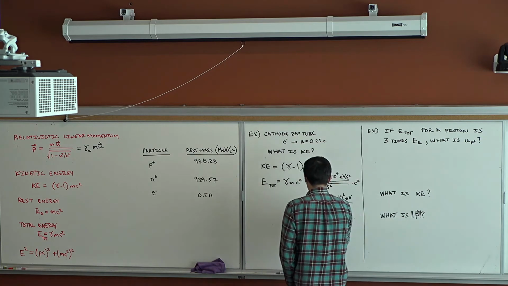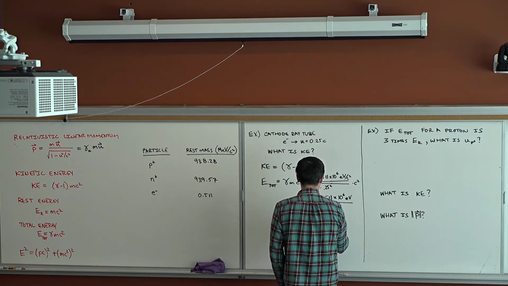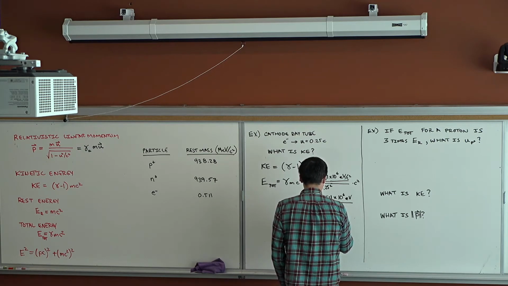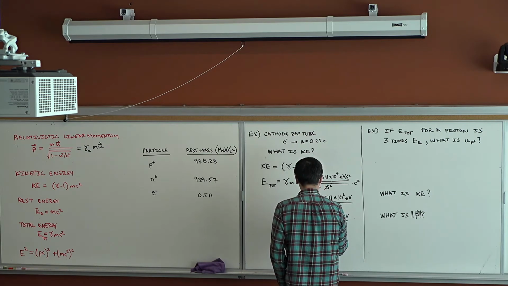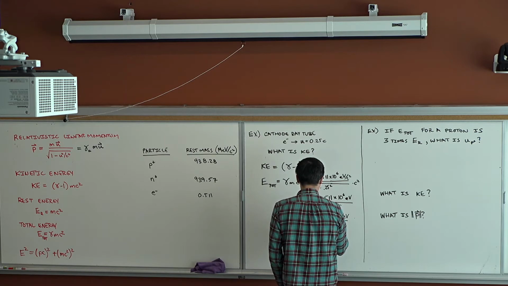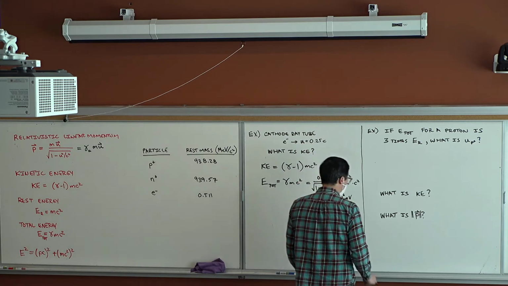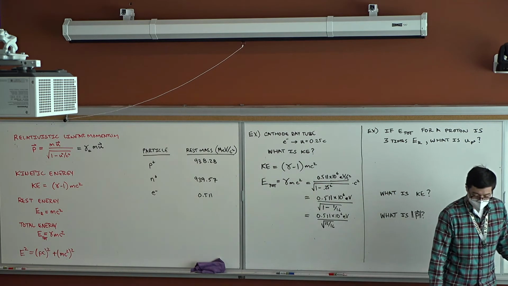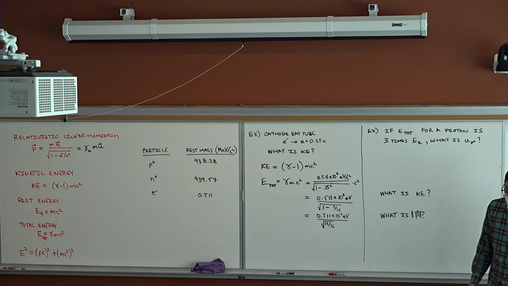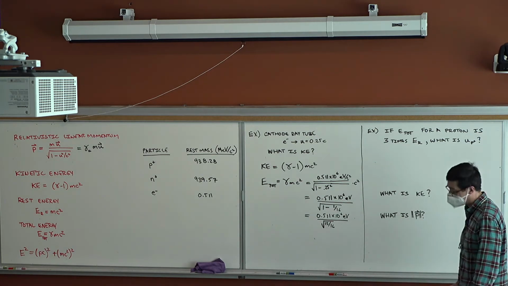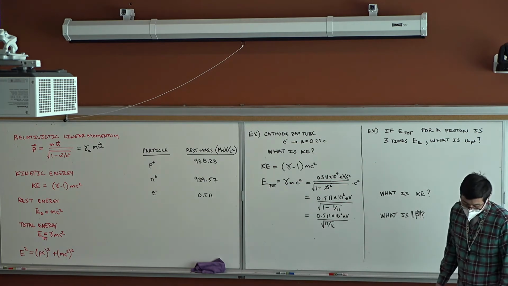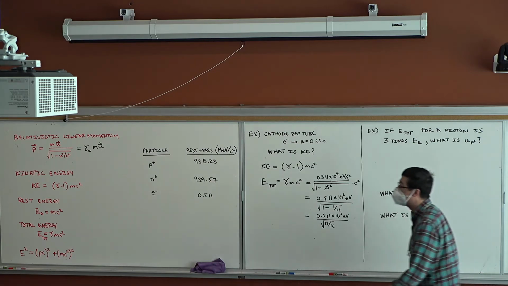So this is 0.511 times 10 to the 6 electron volts over the square root of 15/16. I'm going to cheat. I'm going to say that this winds up being about 0.528.